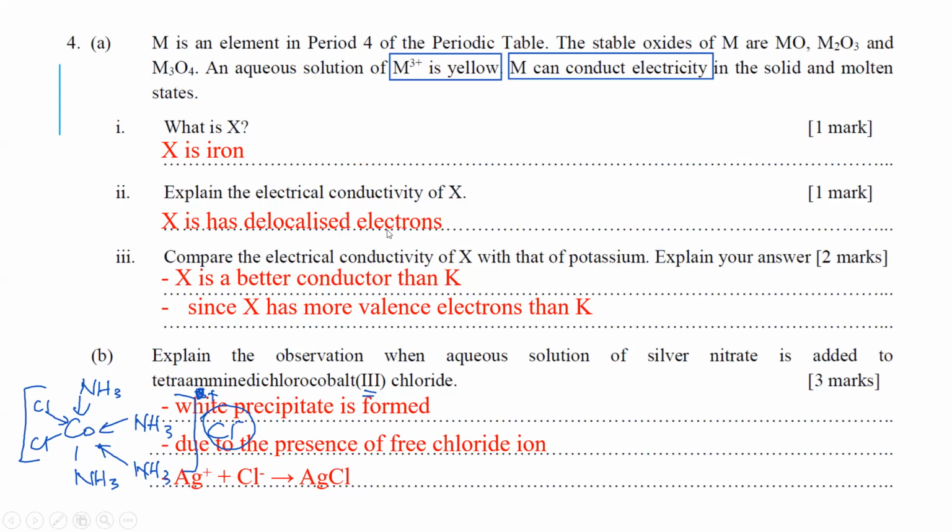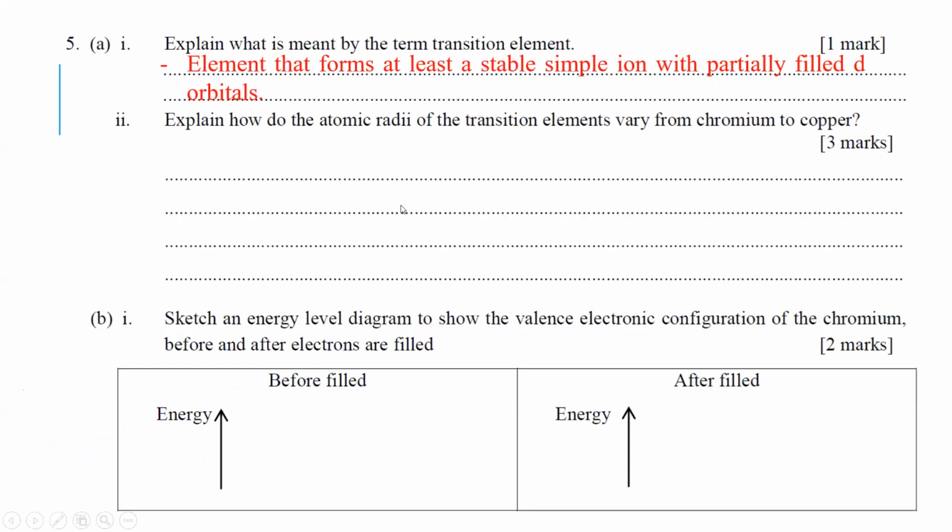Without hesitation, let's move on to question number 5. Explain what is meant by the term transition element. As usual, there are 2 keywords you need to remember to define the term transition element.